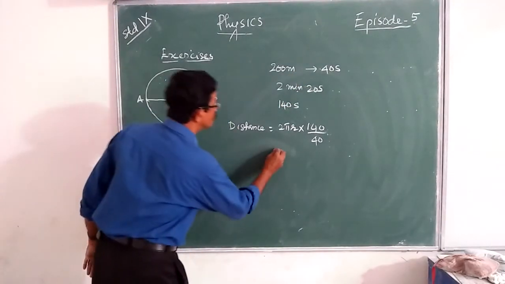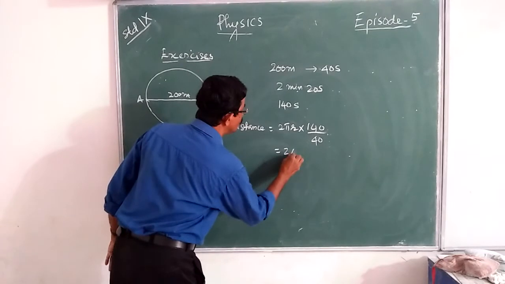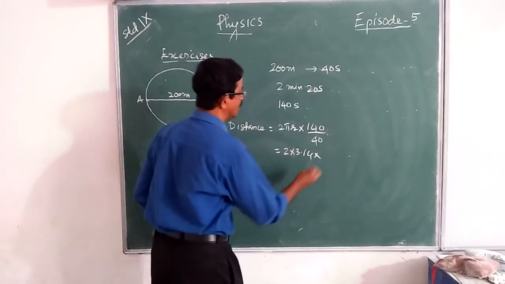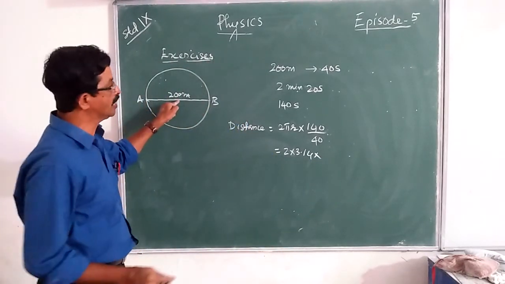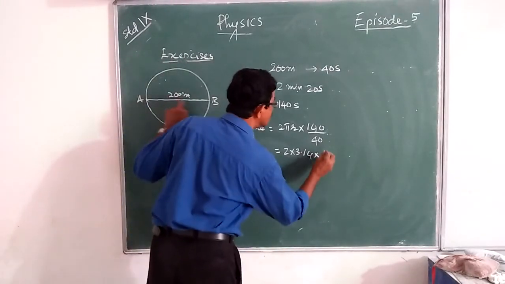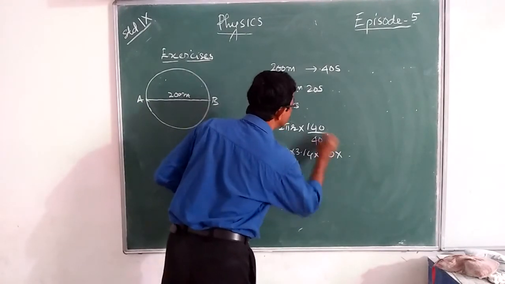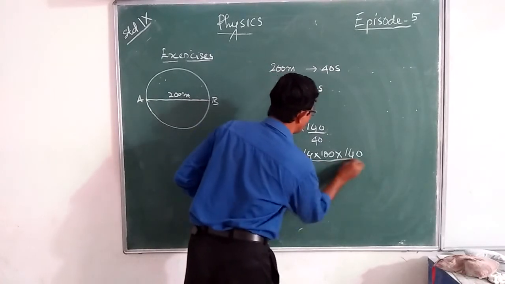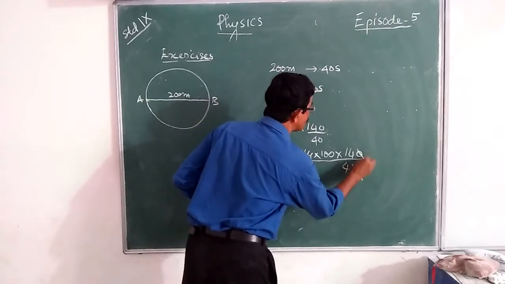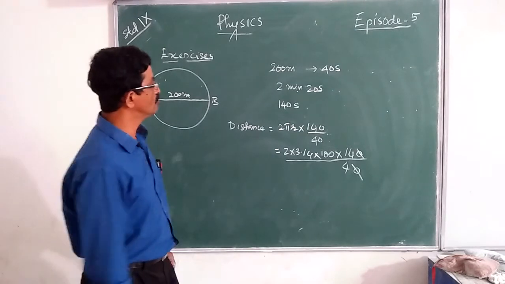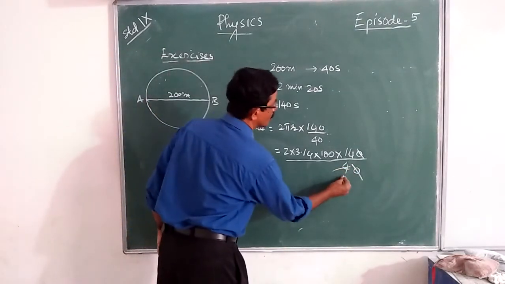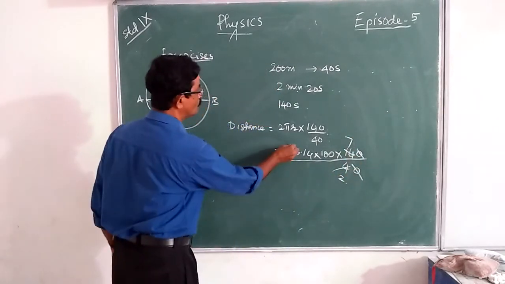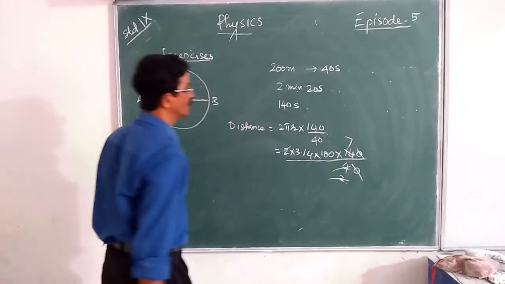That is equal to 2 into 3.14 into r. r is the radius; diameter is 200, so radius is 100, into 140 divided by 40. The 100 we can cancel. Now 4, 2 times 2 is 4, and 7 times. The 2 and 2 can cancel.